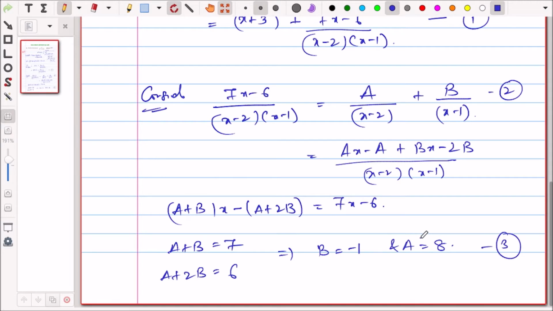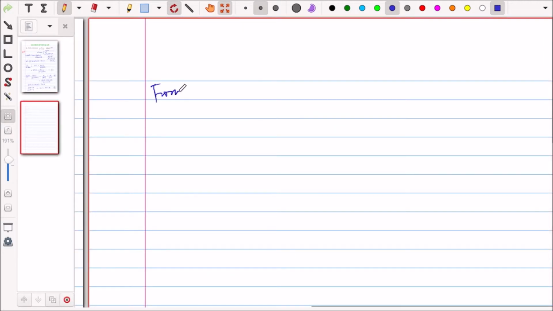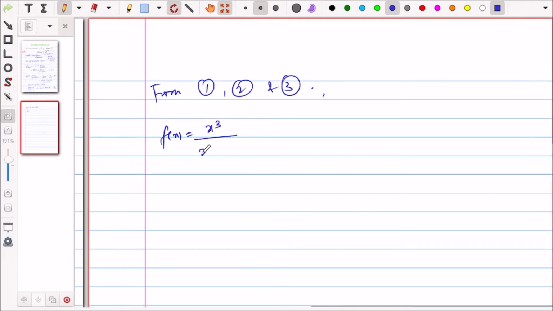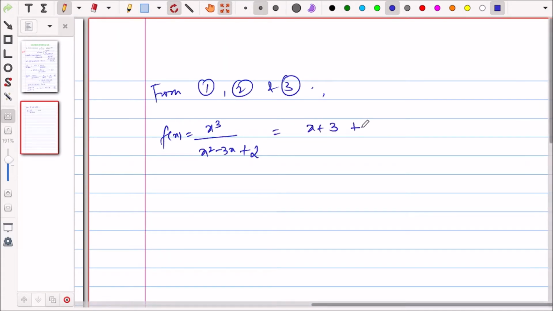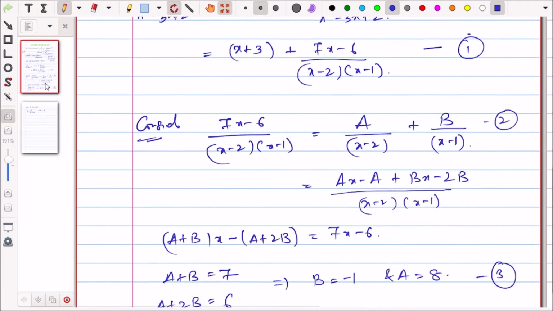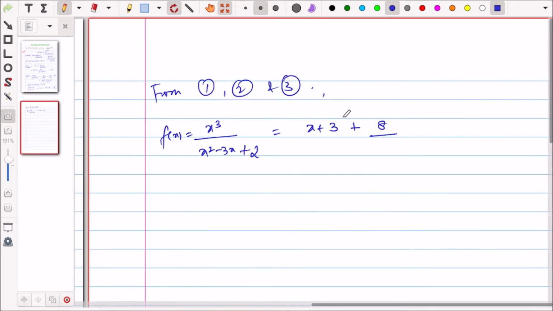From 1, 2 and 3 you get f(x) equal to x cube by x square minus 3x plus 2 equal to x plus 3 plus 8 by x minus 2 minus 1 by x minus 1, right?